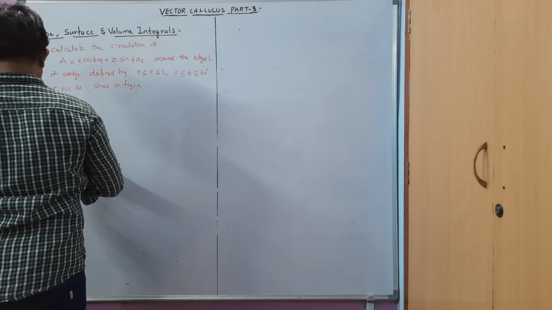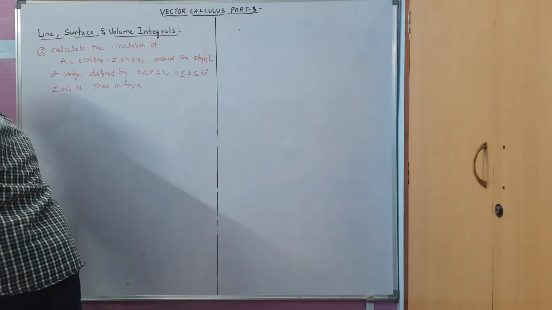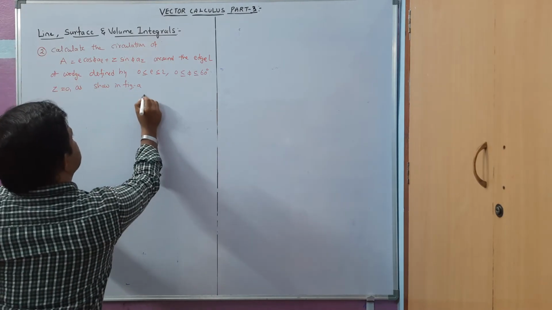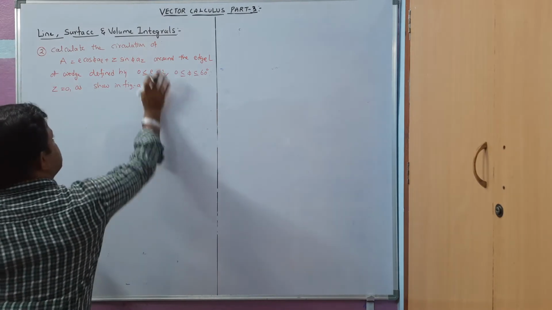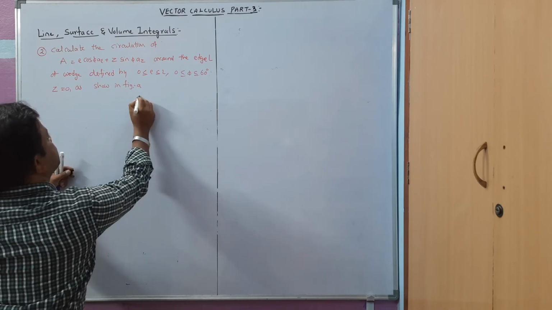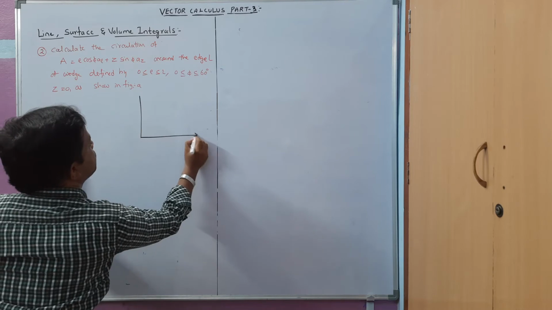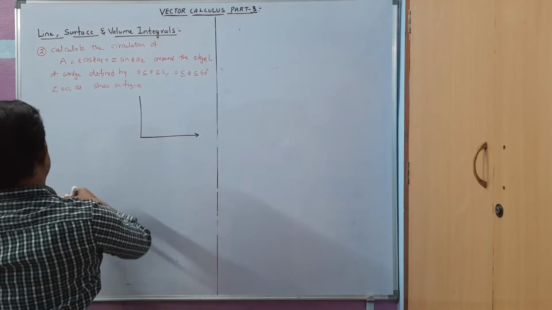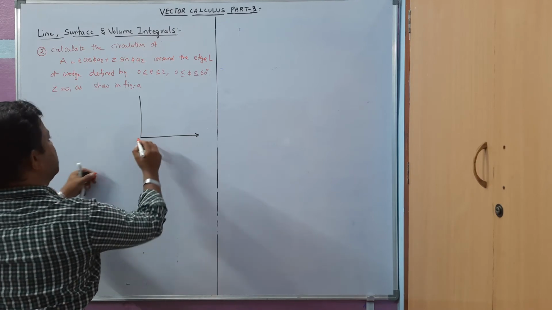Yeah. So let me draw the diagram here. So the diagram is very simple. So I will draw this vector field with the other color here.